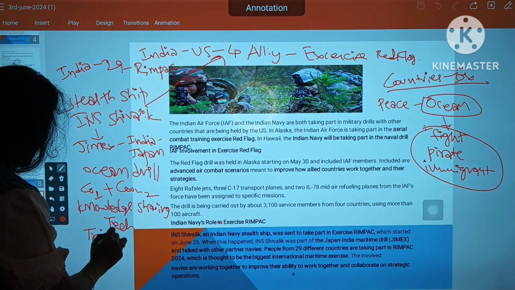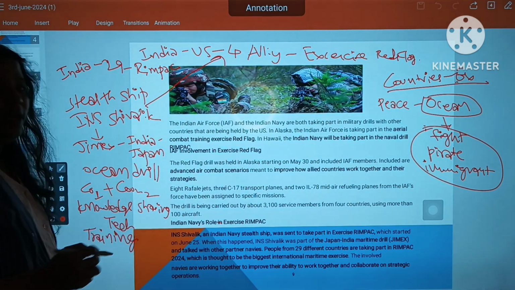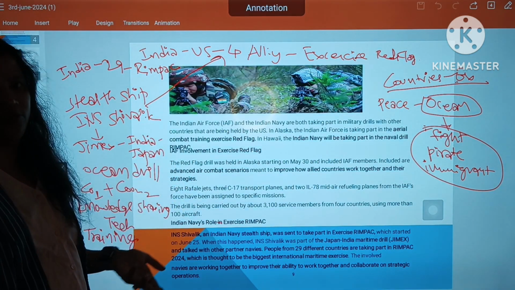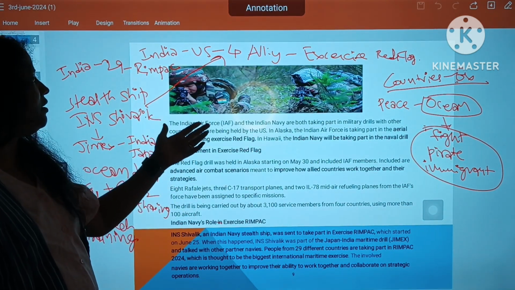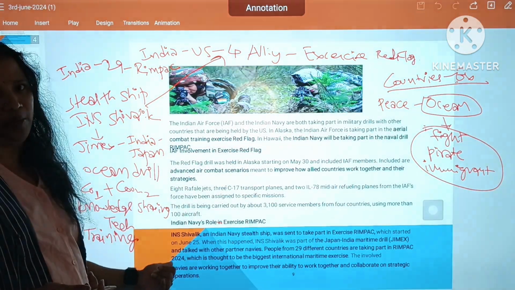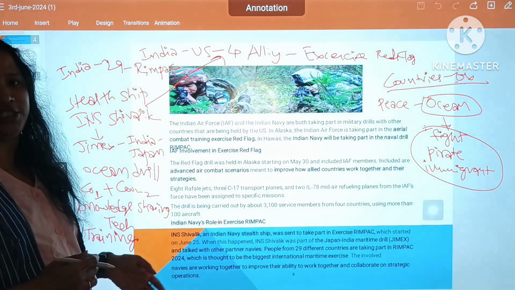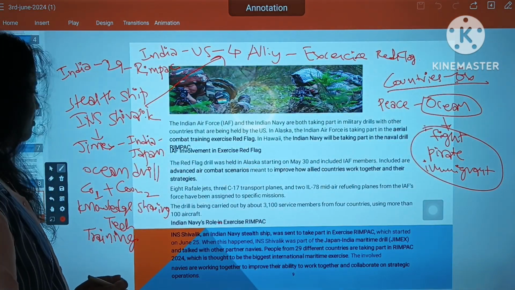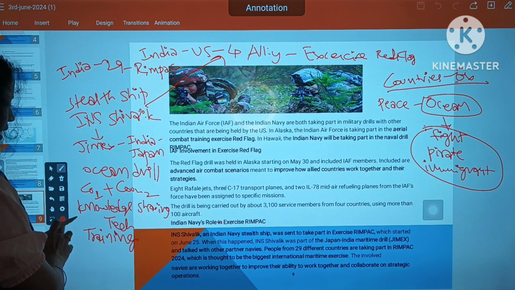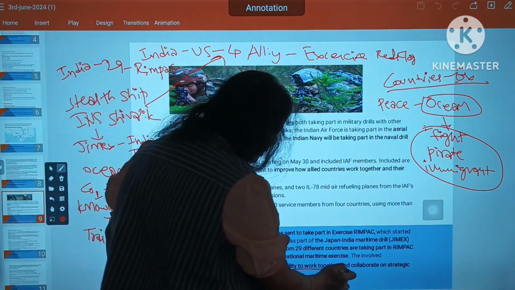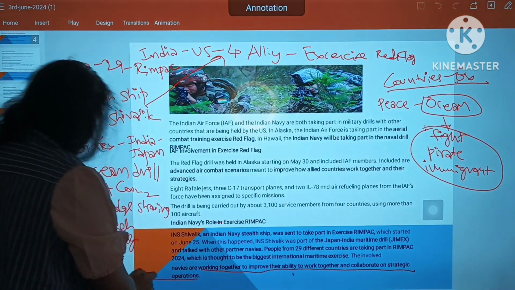Suppose we don't have ocean training in India, then we can take that training from the USA or Japan. Senior army people from that country enter India and give training to our army people. Like that they do knowledge sharing. That is the purpose of the drill exercise, so that they work together, improve their ability and collaborate on strategic operations.